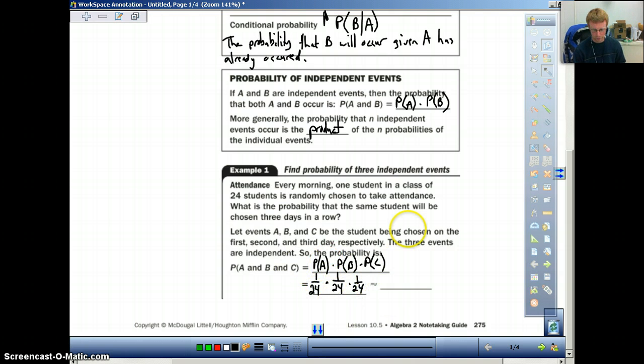You multiply those three fractions together and you get a pretty small number, but that's what you would expect in a situation like this. It's 0.0000723, and in your calculator you would get that times 10 to the negative fifth power. I already figured out what that would be. But again, all of them are separate: 1/24 chance, 1/24 chance, 1/24 chance. You multiply all of those together, and that's our probability. Okay, let's move on.